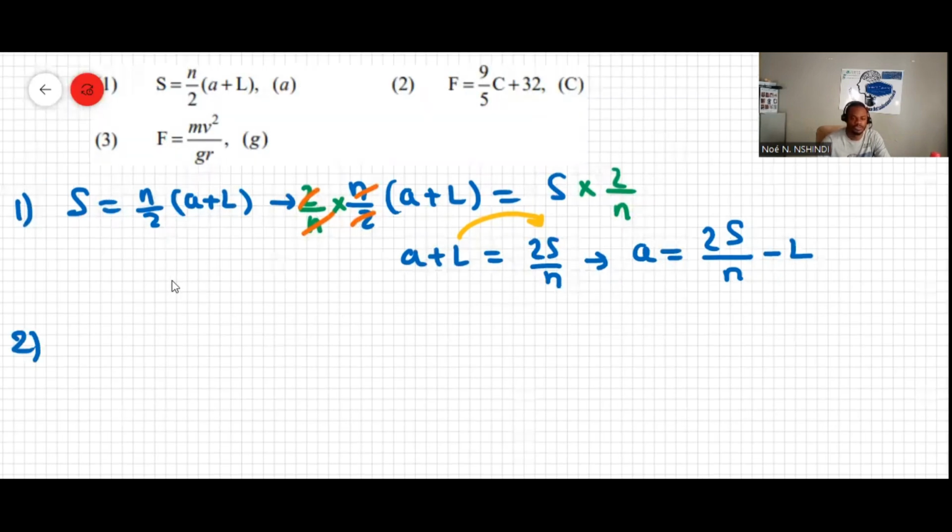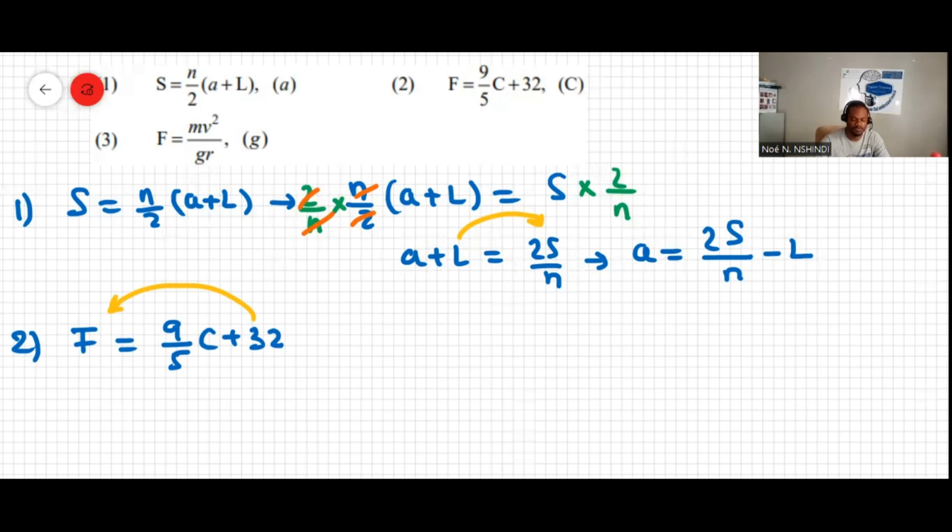Question 2 is the Celsius degrees to Fahrenheit degrees formula. This will be F equal to 9 over 5 C plus 32. Now, we need to make C the subject of the formula. In this case, I will move 32 over.